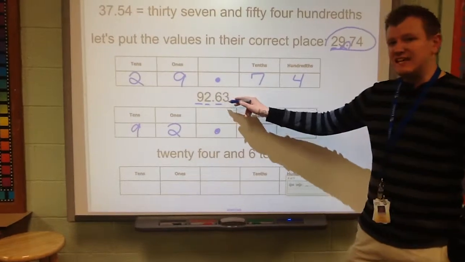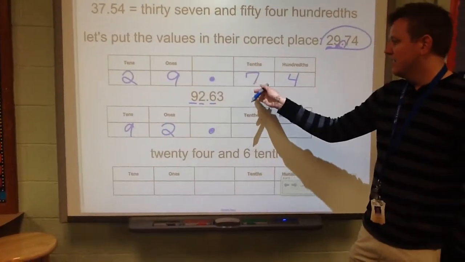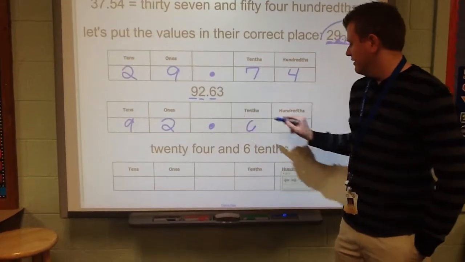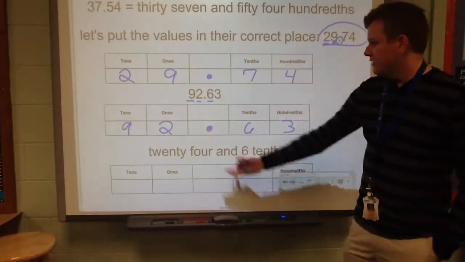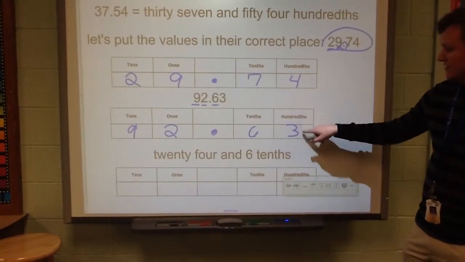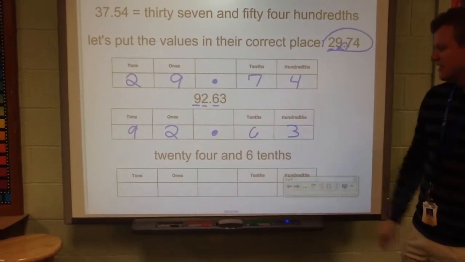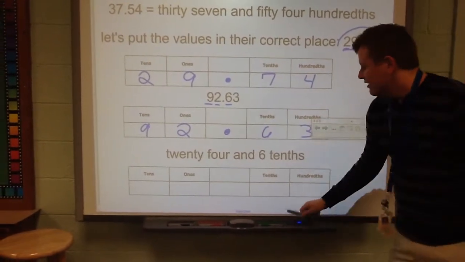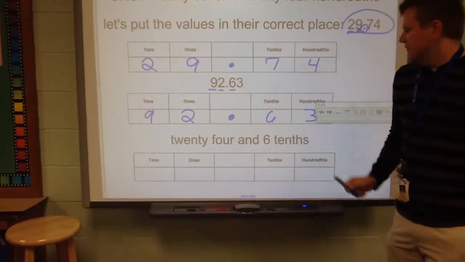I have 6 tenths, right? Remember, it goes tenths, hundredths, okay? 6 tenths, 3 hundredths, all right? And we've got our handy-dandy chart, 92 and 63 hundredths, because the last place value that you see is in the hundredths, okay?